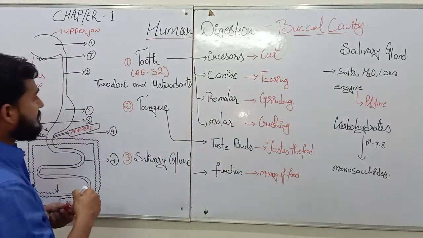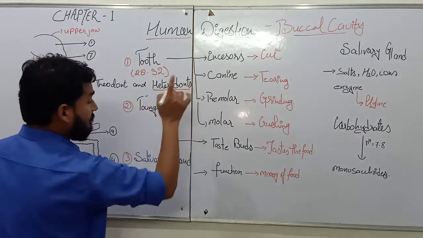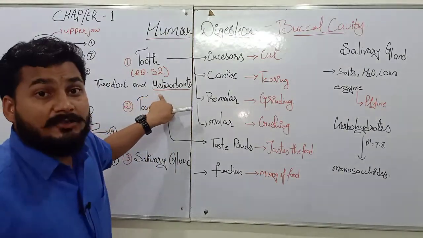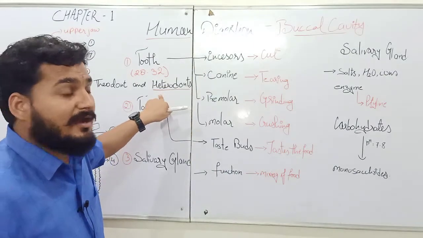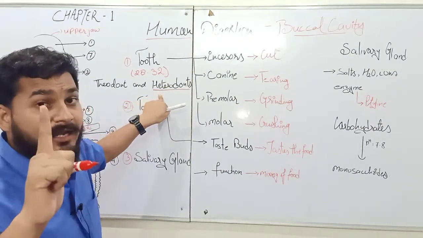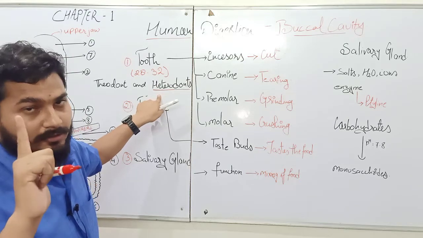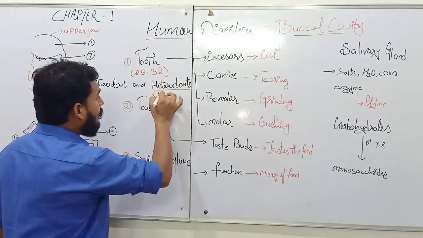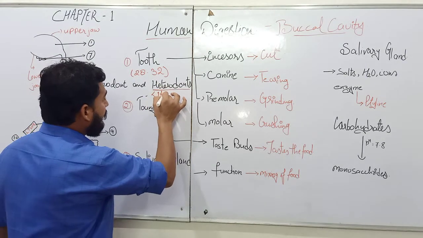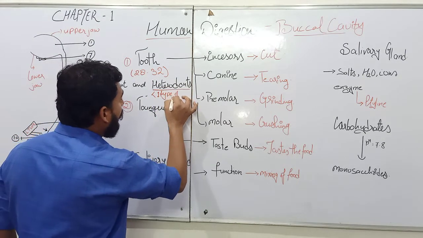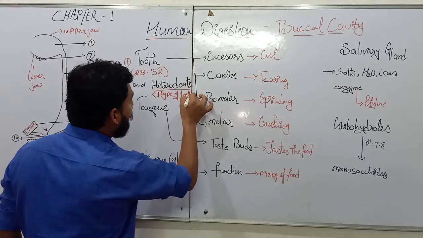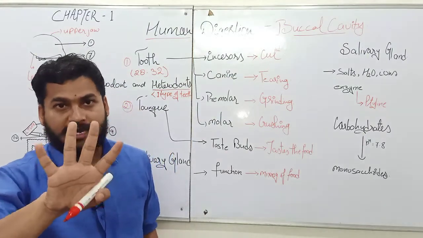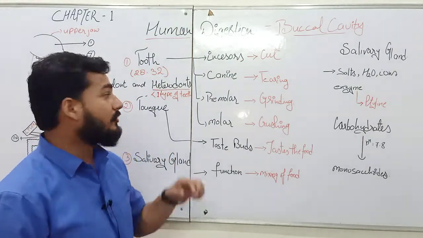Heterodonts are those organisms, please listen to this very carefully, which have more than one type of teeth. Humans have 4 types of teeth and hence they are known as heterodonts.